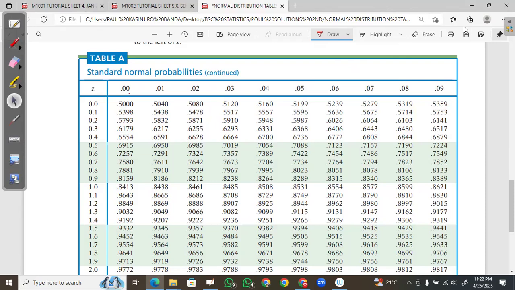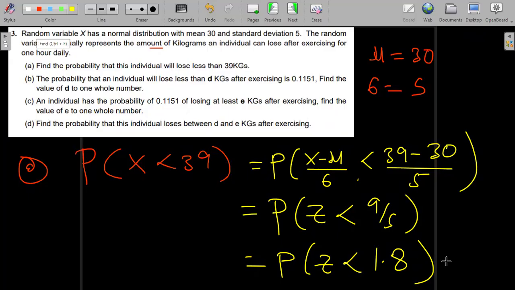So 1.8 is here, and the 0.0 is there, so the answer is here. The probability that Z is less than 1.8 is 0.9641. So this is the probability that an individual will lose less than 39 kilograms.